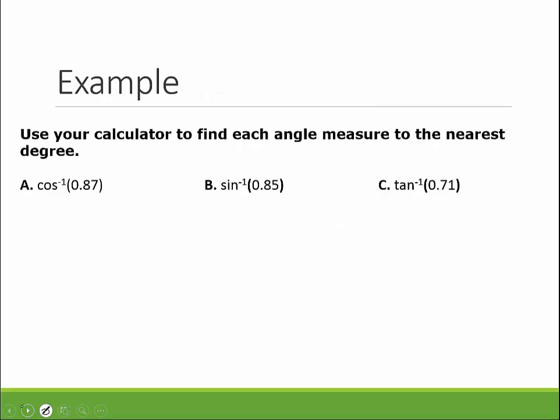So let's just type some in our calculator. Remember, I'm telling you that there's a ratio of, in this case, because it's cosine, the ratio of adjacent and hypotenuse gave me 0.87. So I want to know what angle measure will do that. All you got to do is type it in your calculator.